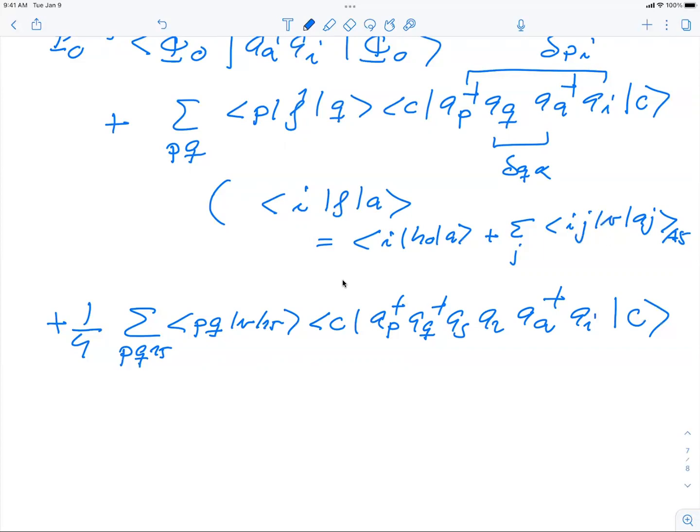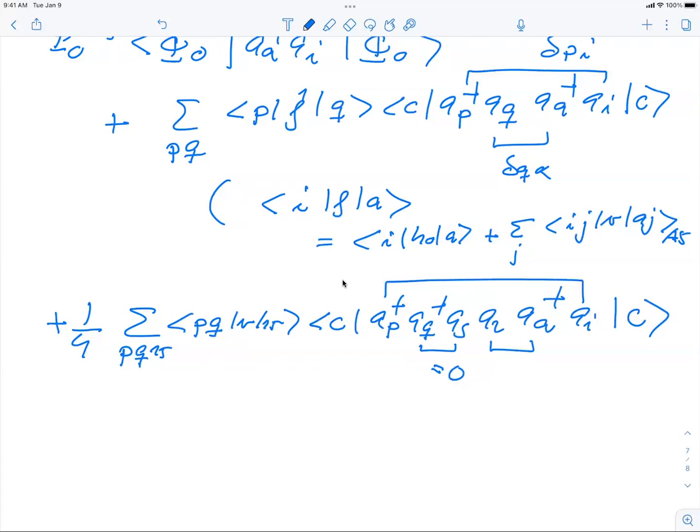So if you look at the possible contractions, you can say, okay, I can do this contraction. This is non-zero. And then I could take either a_P or a_Q and contract that with that one. So if I take one of these, that's also viable. But this final one is equal to 0.